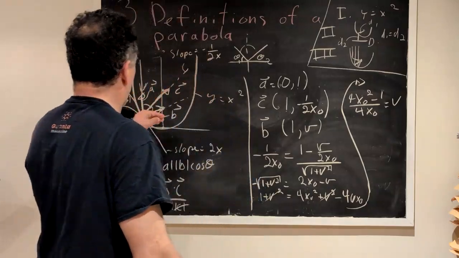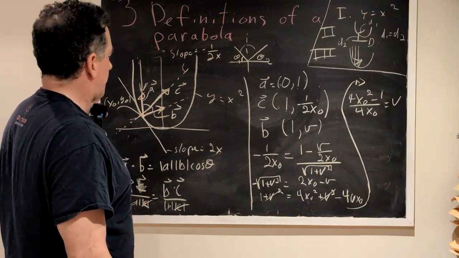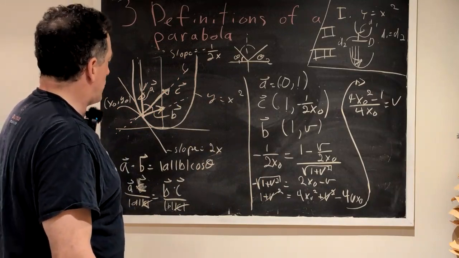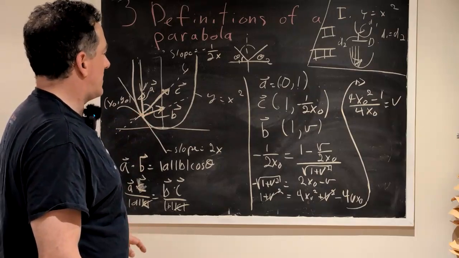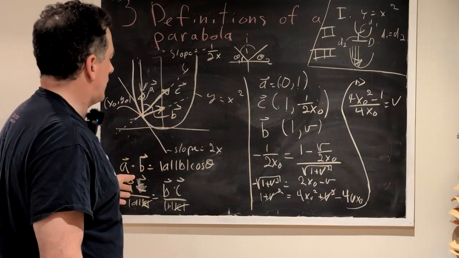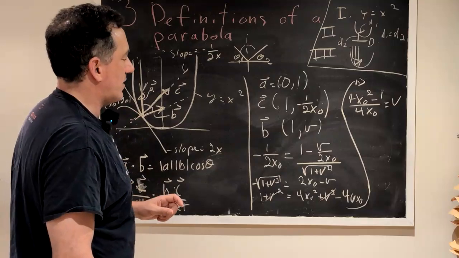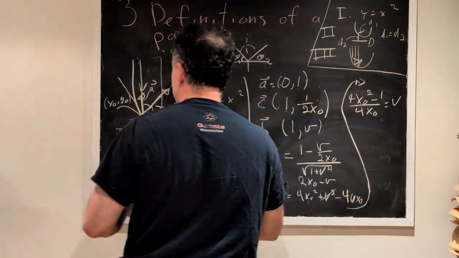So now we have a vector, and on the next board, I will calculate the equation of this line here, and we will see that the intercept with the y-axis is independent of the point we selected initially. So I will just keep this here and continue the calculation on the next board.